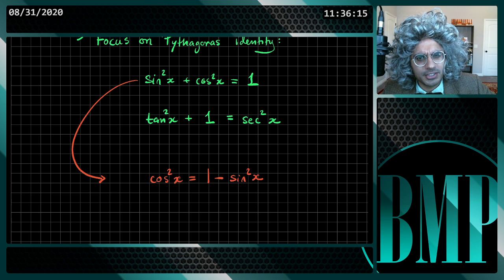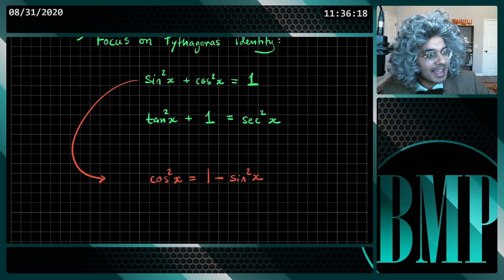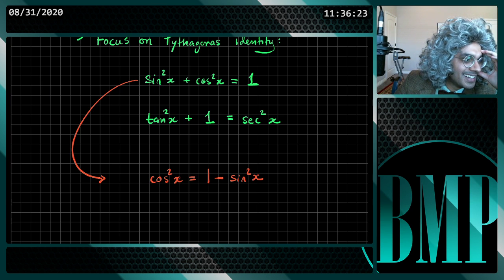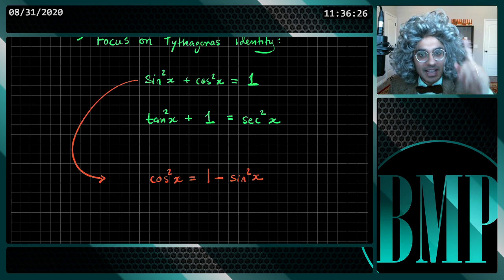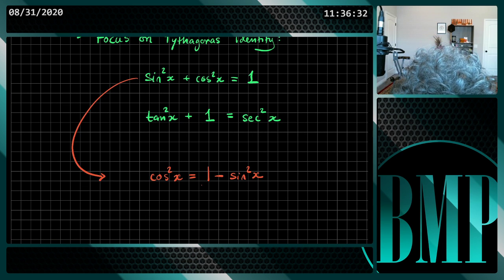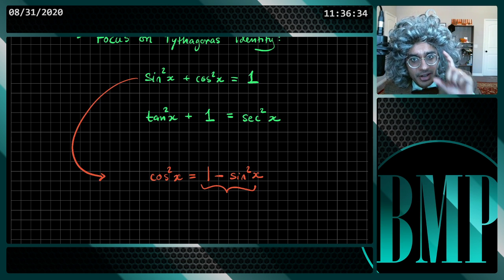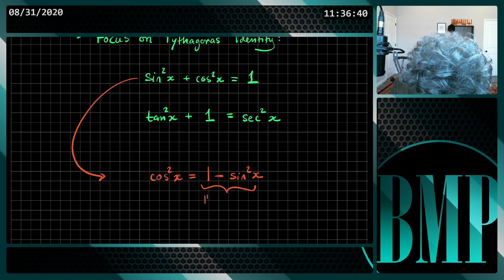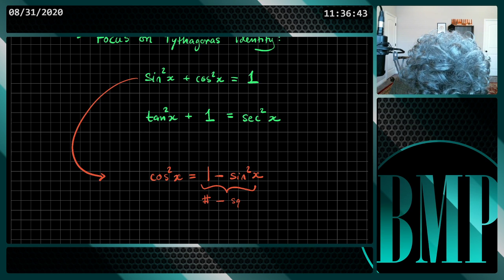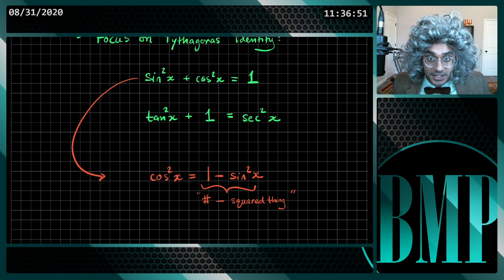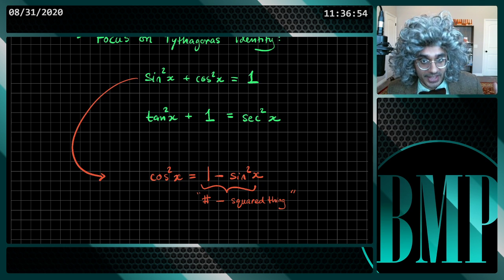It sounds like a completely stupid thing to do, this move. However, here's how you think about it. This is a number minus a square. Isn't it? It is. It's a number minus a squared thing.